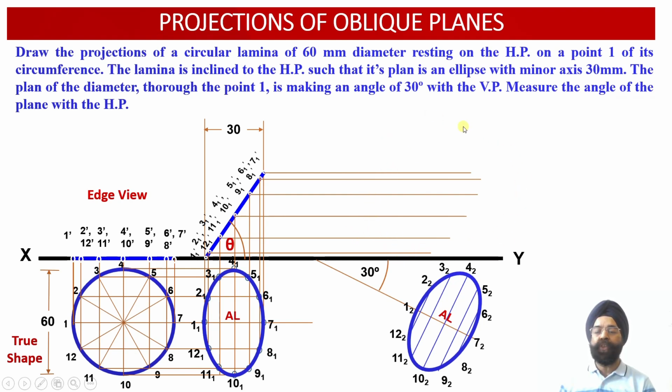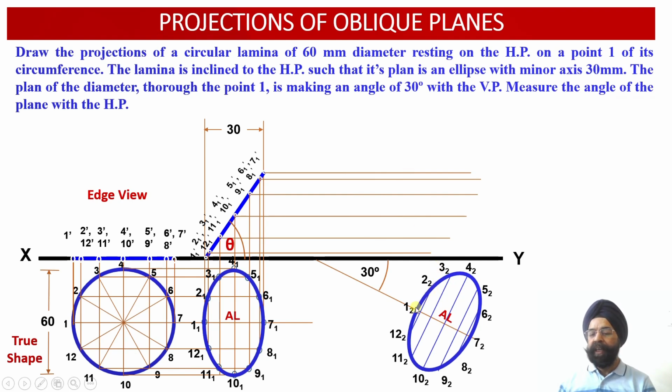Again the procedure will remain the same. From all of the 12 points in the front view, the horizontal projectors we have drawn over here; from all the 12 points in the plan projection view which we have obtained corresponding to the oblique lamina, now vertical projectors we are going to draw over here.